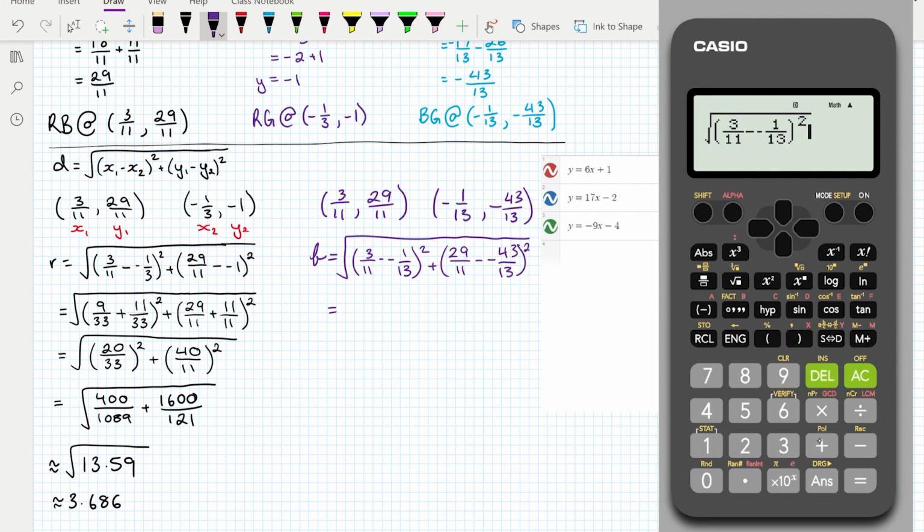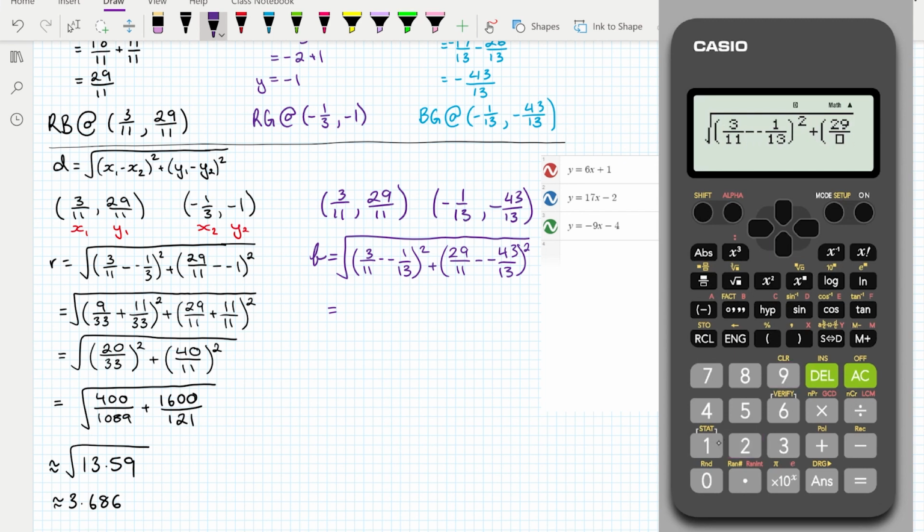Also, don't forget that you have to do both of these calculations under the square root sign. If you take the square root of each of them separately, then add it together, you're essentially just negating the squaring altogether. So make sure that you do put everything in one calculation under the square root sign.